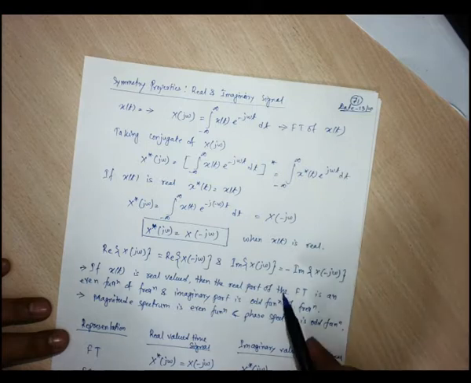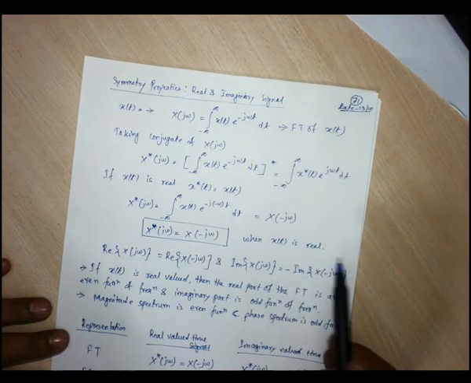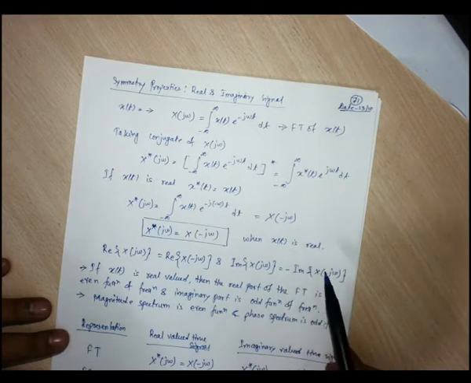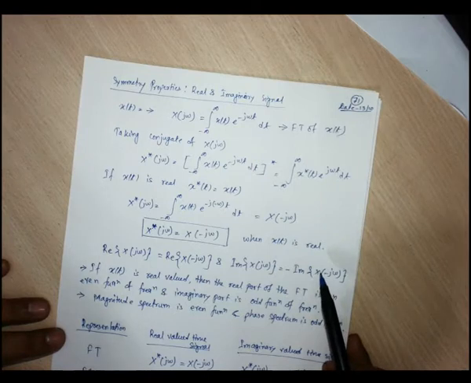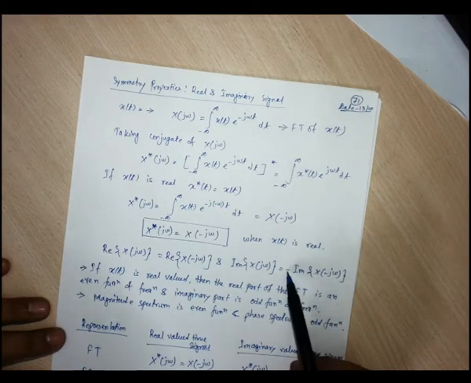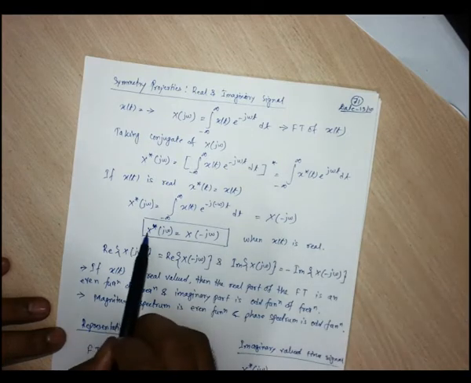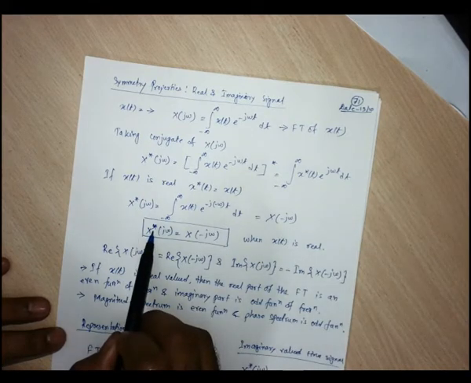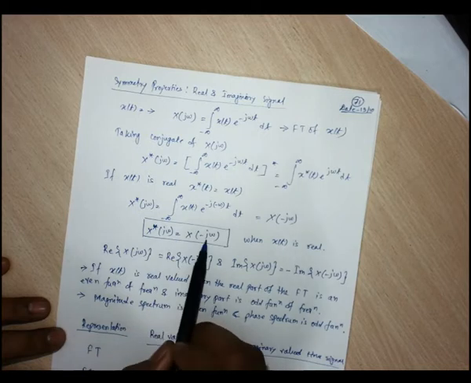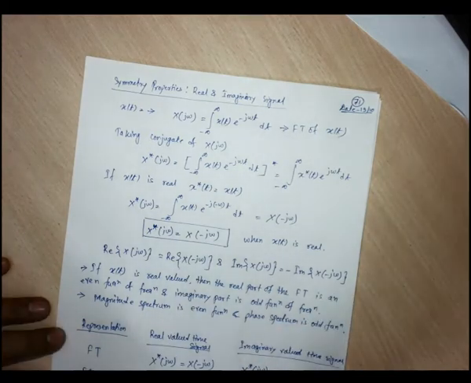But if we go with the imaginary part of X(jω), when our x(t) is real, it results in an odd function of frequency, because one minus sign is there. Our conjugate of this transformation is the same as X(−jω), and that is possible when x(t) is real.